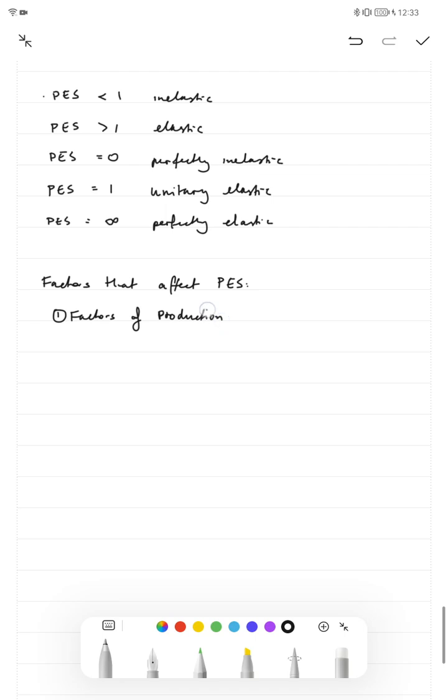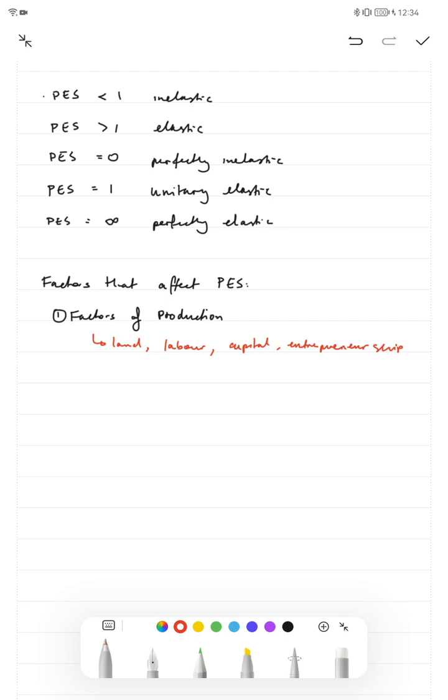If you remember the factors of production, your four factors of production being land, labor, capital, and entrepreneurship. So the idea is, do you have access to these factors of production or not?